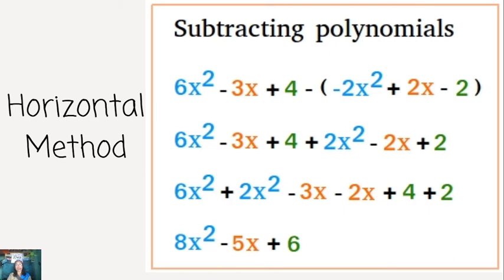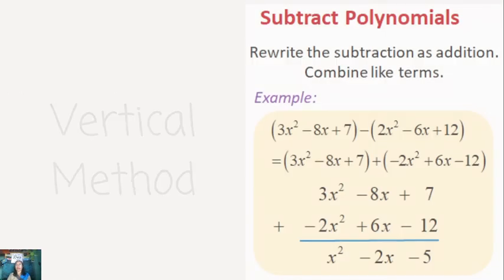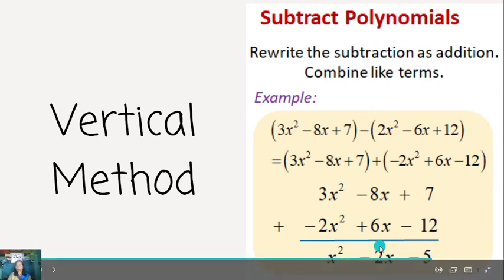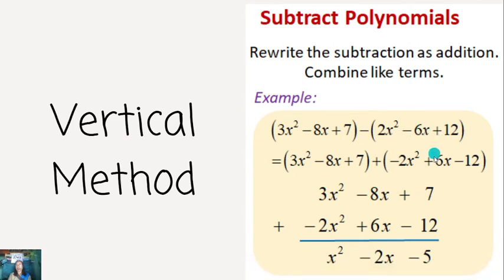Don't leave any term behind, okay? Not unless you simplify. Now the vertical method, also the first polynomial over the other polynomial. 2x squared minus 6x plus 12 will be reversed.